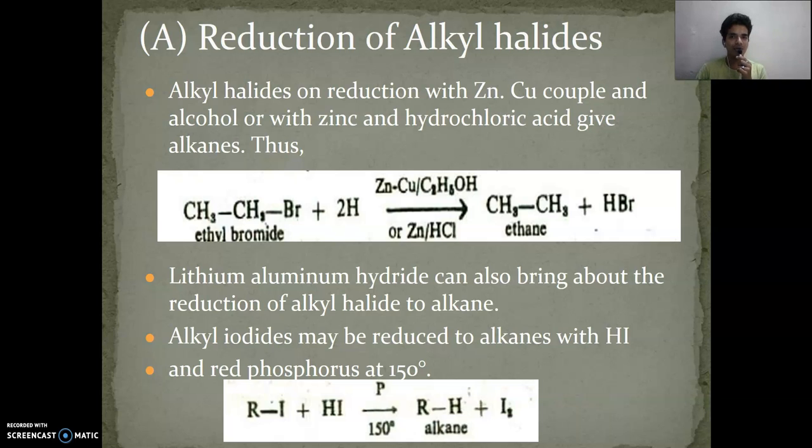Lithium aluminum hydride can also bring about the reduction of the alkyl halide to alkane. Alkyl halides may be reduced to the alkane with HI, that is hydroiodic acid, and red phosphorus at 150. So the reaction gives the alkane from this also.